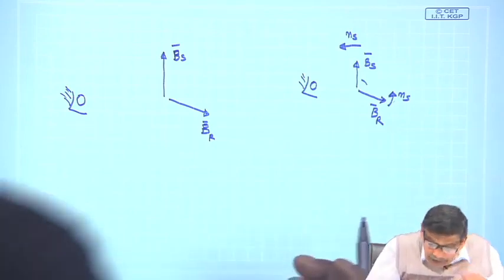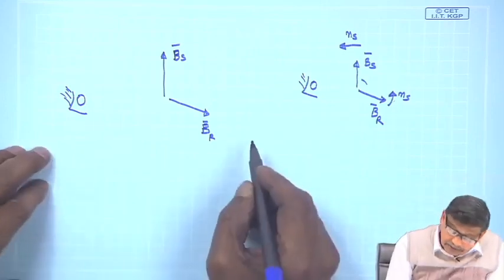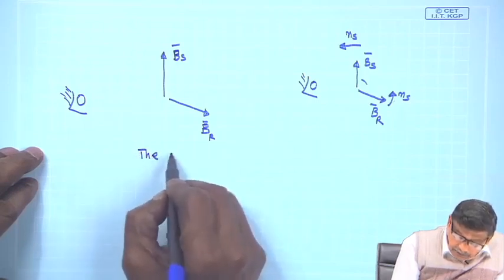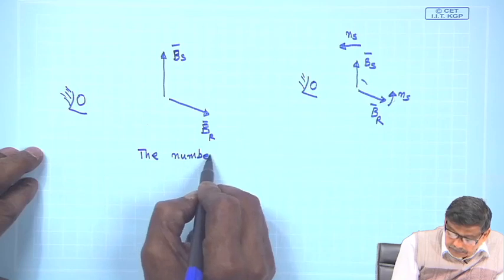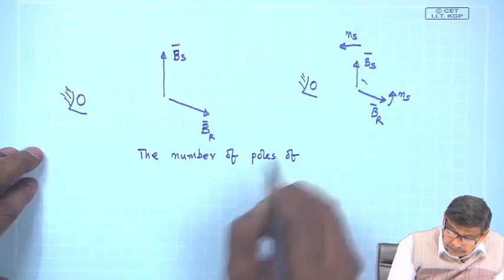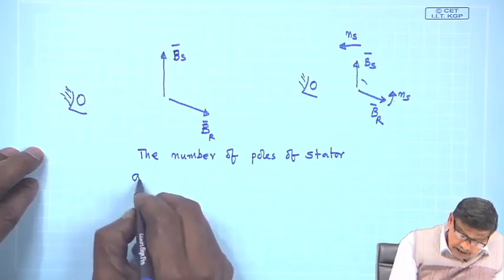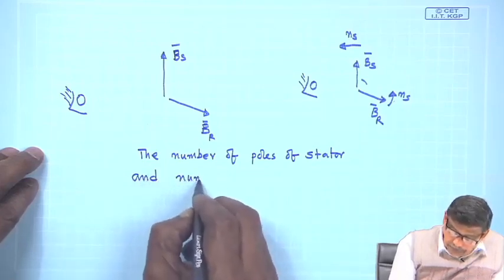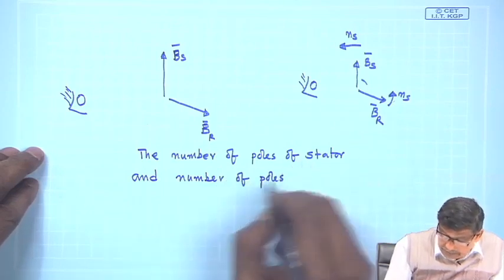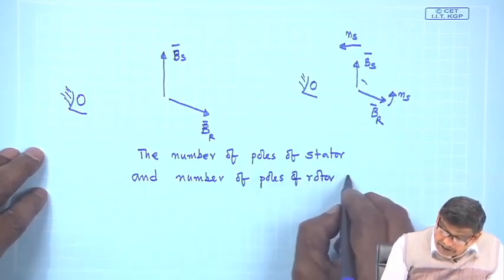Another important point is there, that I first write, then try to explain. The second important point is the number of poles of stator and the number of poles created by the rotor when it carries current, the number of poles of rotor, must be the same.